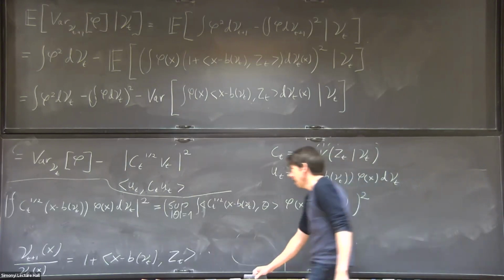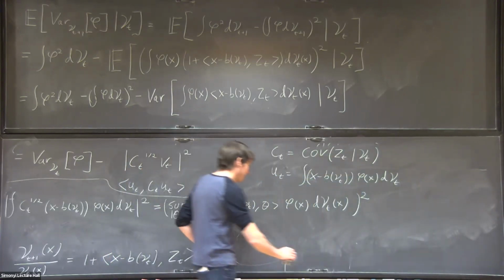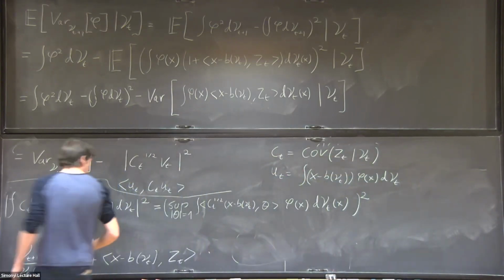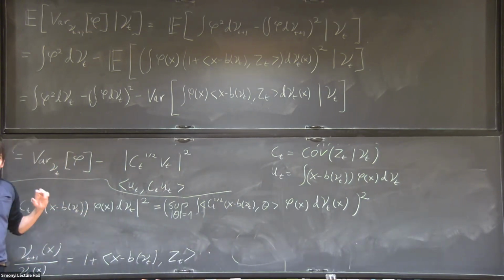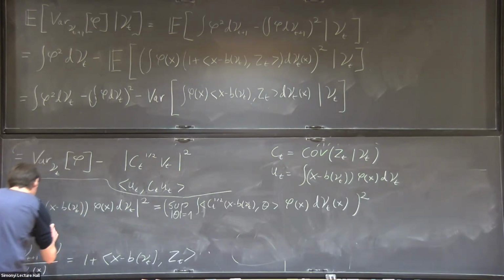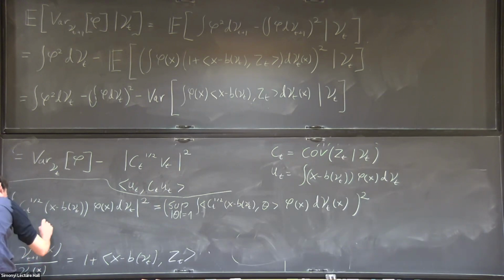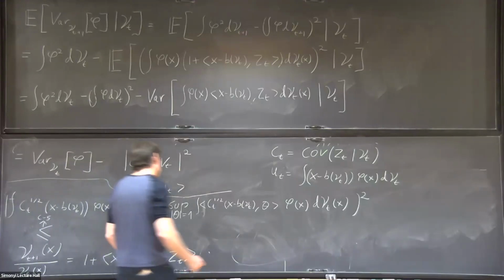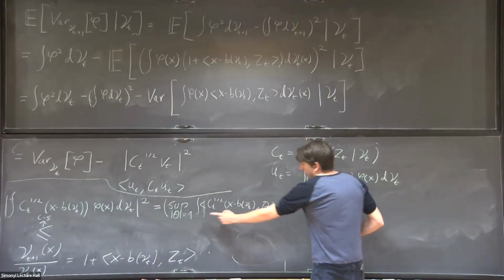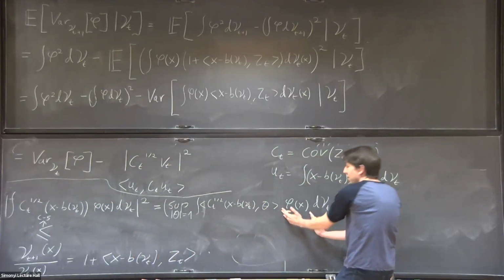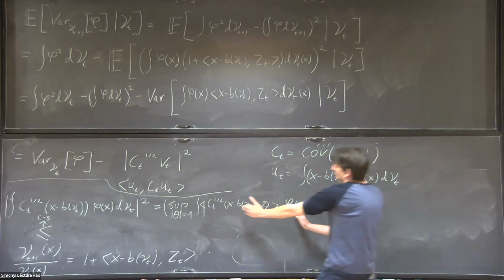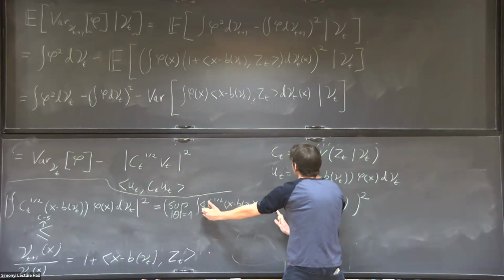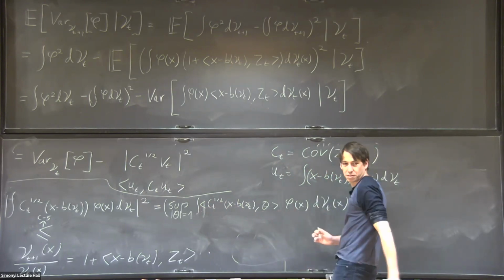But now, if you just want to get one thing from this talk, it's this really simple application of Cauchy-Schwarz, where I look at the integral of this times this, so it's less than the variance of this times the variance of this.